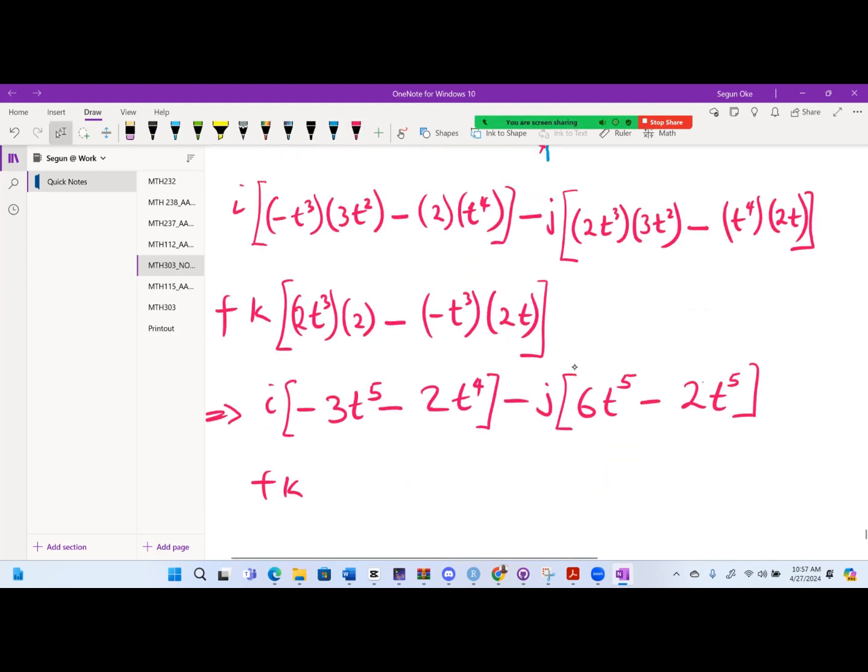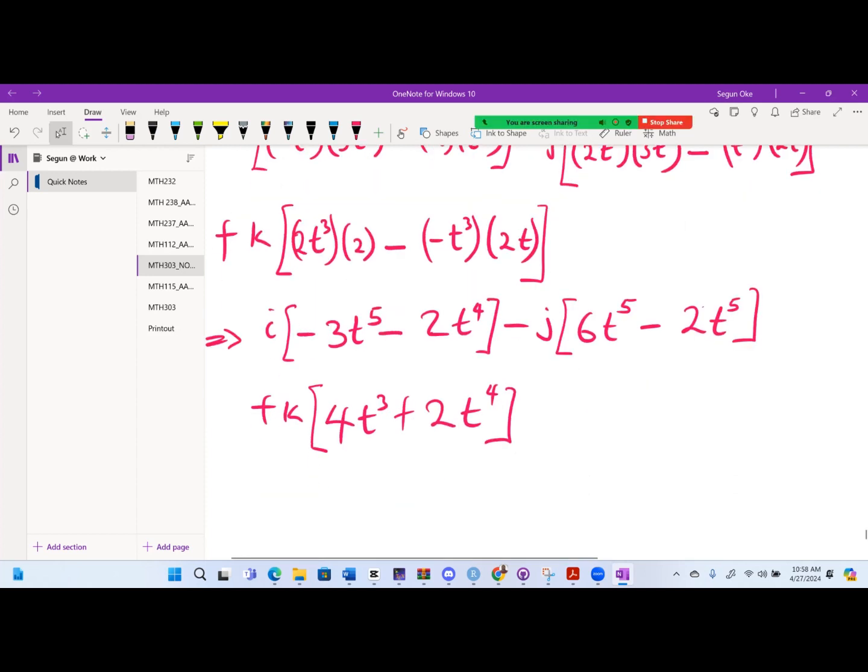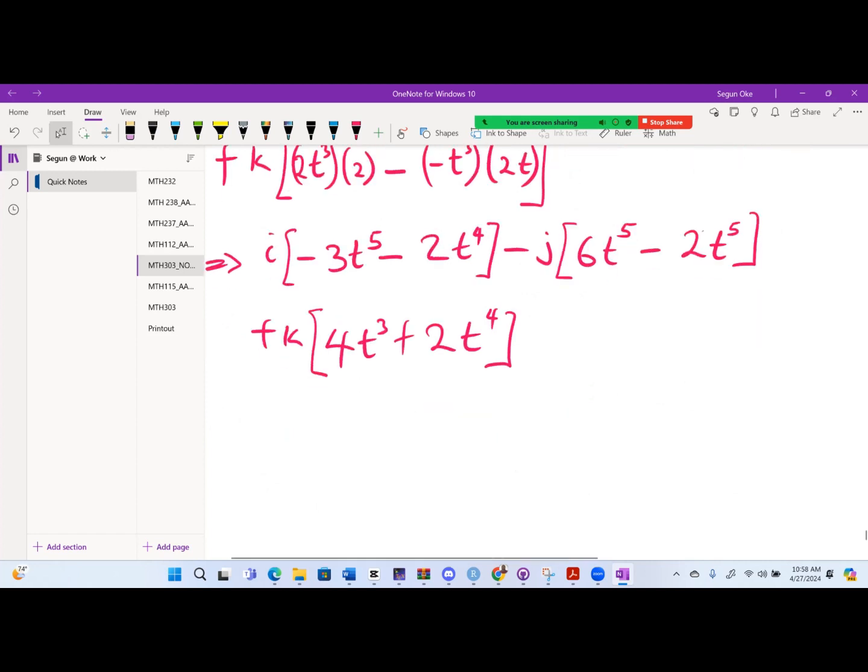Then plus k. This will be 4t raised to power 3. Minus times minus is plus, so you have 2t raised to power 4. So we need to resolve them. In this case now, you discover that something is common to them. Those that are common, you leave them alone. You don't bother yourself with that.